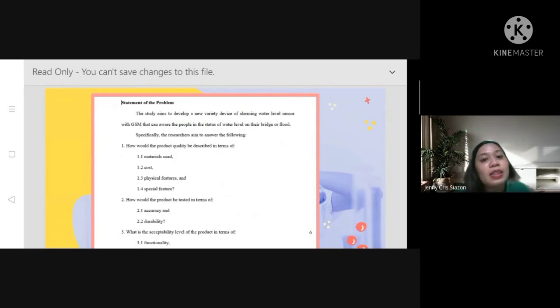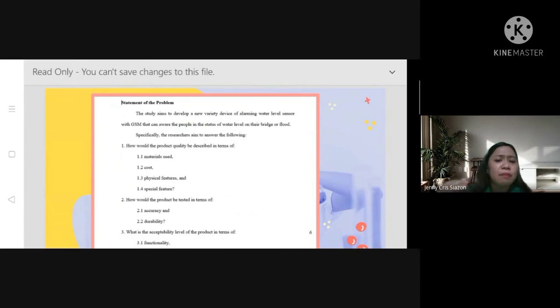So sabi dito, the study aims to develop a new variety of device of alarming water level sensor with GSM. Okay, that can aware the people in the status of water level on their bridge or flood. And then it will be followed by specific questions. No? How would the product quality be described in terms of blank?